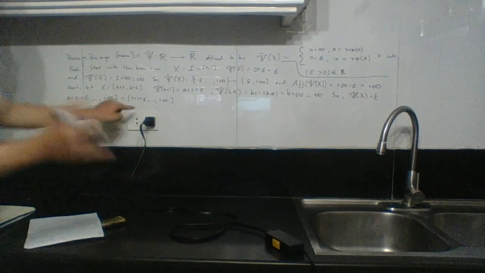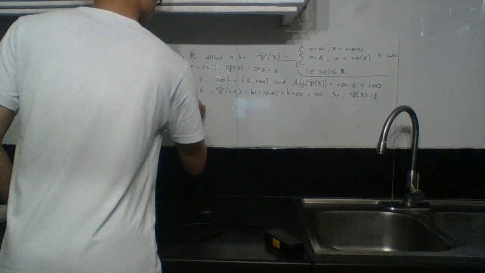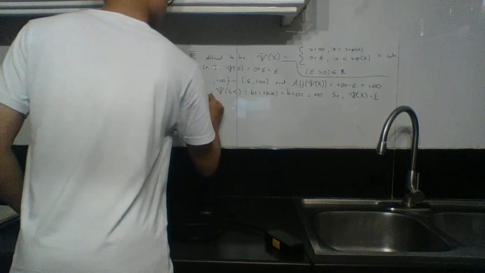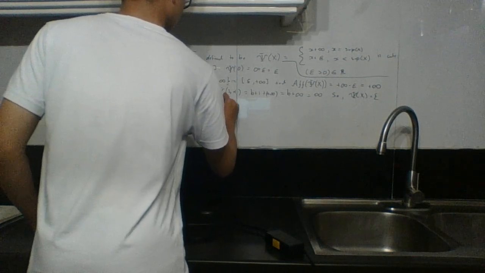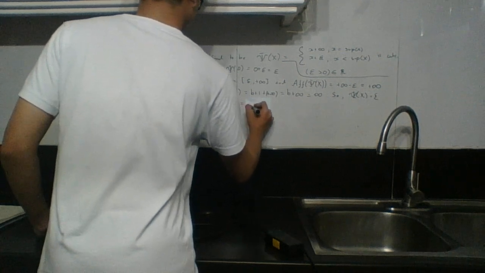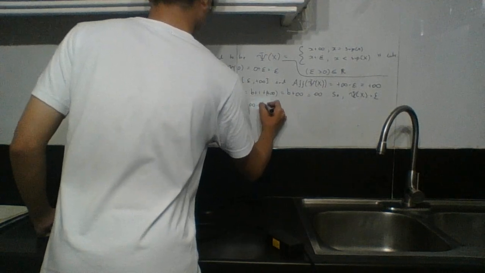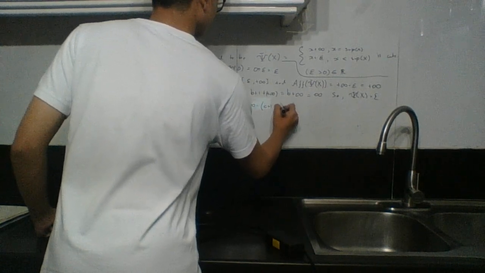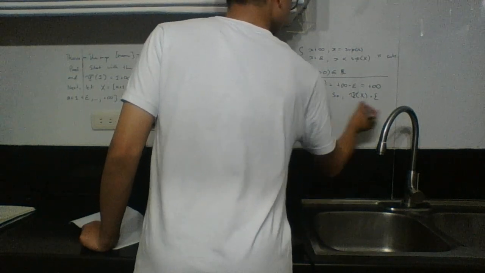So therefore, the measure of psi of this x is equal to plus infinity minus a plus 1 plus epsilon. And according to our rules of adding and subtracting with infinity, all of this just becomes plus infinity, which ends the proof.